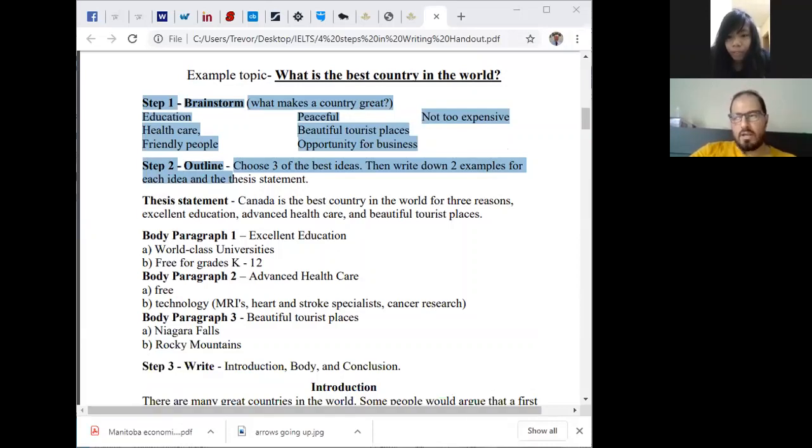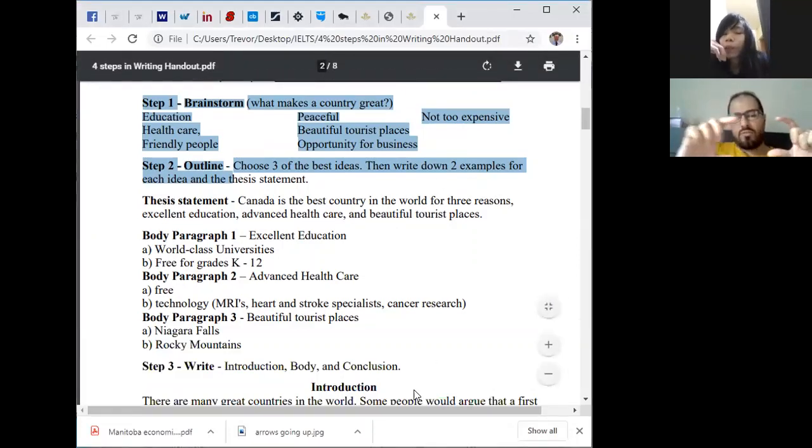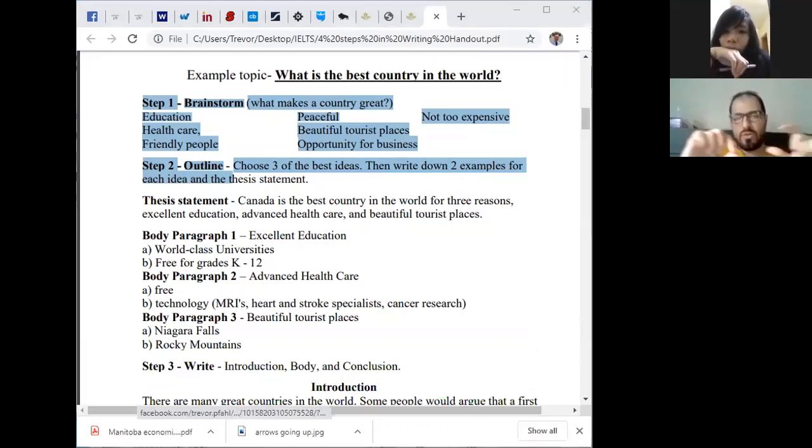I would like to ask about the structure of the paragraph, especially body paragraph 1 and body paragraph 2. Some teachers advise that we first write a topic sentence, and then a support sentence, and then we can give an example.